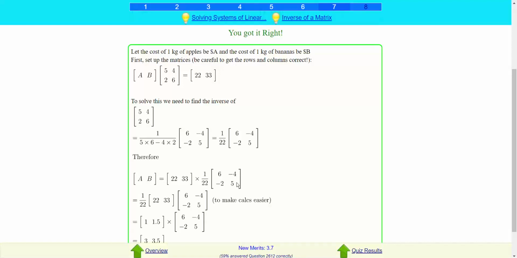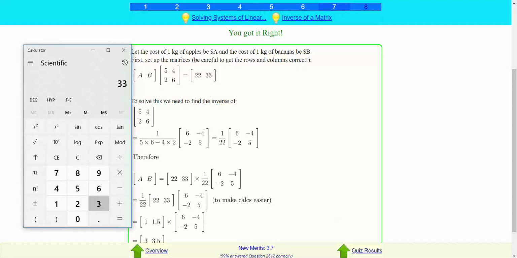Let me do this approach, okay? So we've got 6 and minus 2. You get a minus 4 under 5. Then 22 over 22, that's a 1. And 33 over 22. That's like what? So we have 33 divided by 22. It's like a 1.5. So 1.5. So that would be a 6 minus.